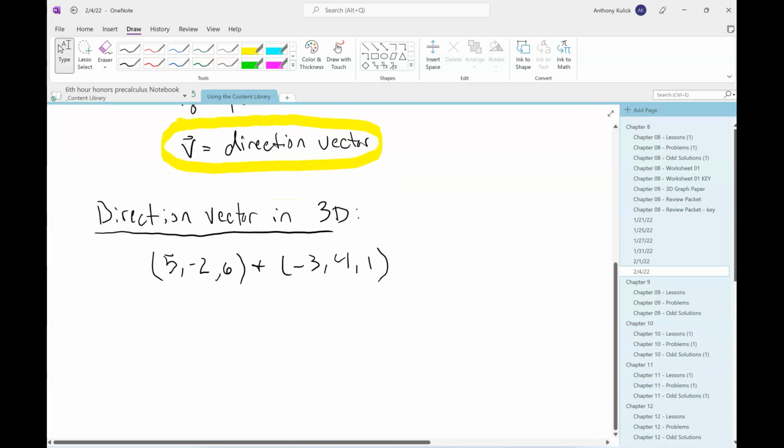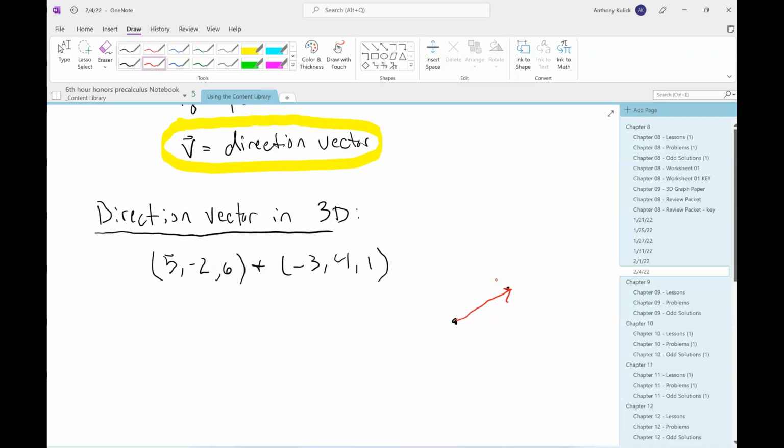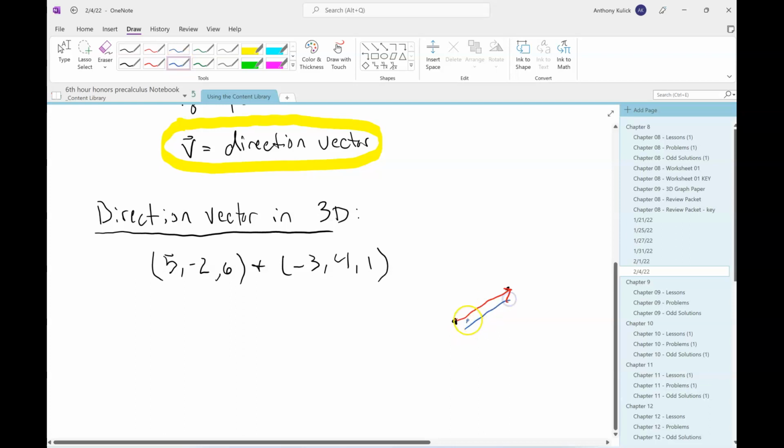So let's say that we have 2 points that are in 3-dimensional space. Remember, these are x, y, z's. Slope doesn't make sense, but if we think about this in general, if we have 2 points, that would represent the direction that the line is going.